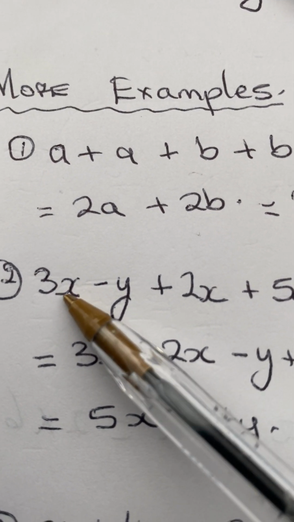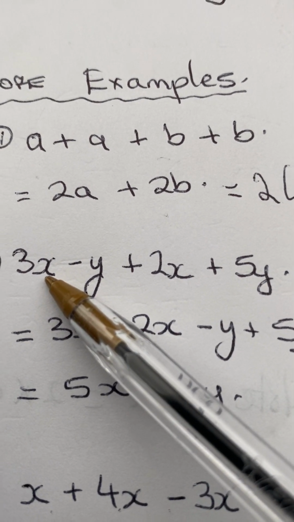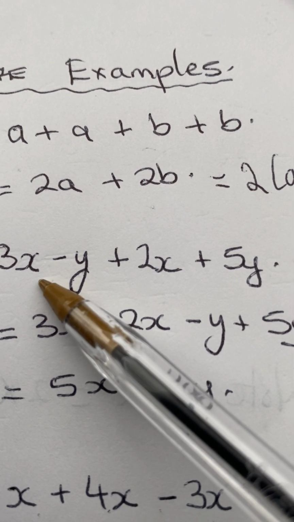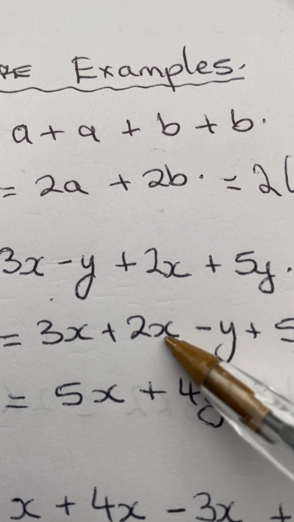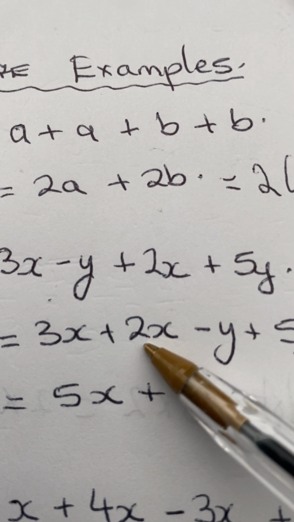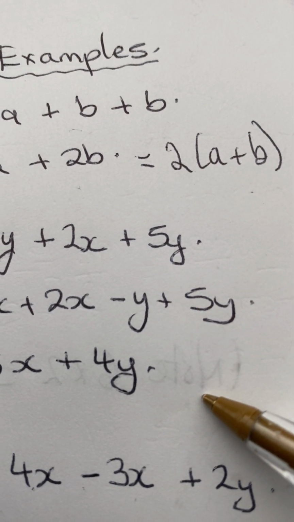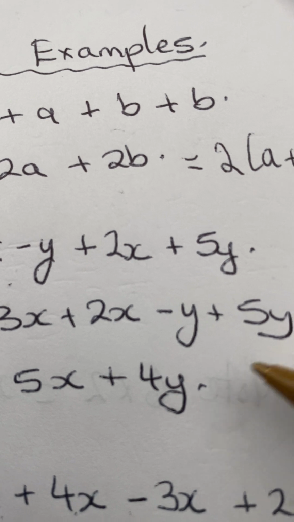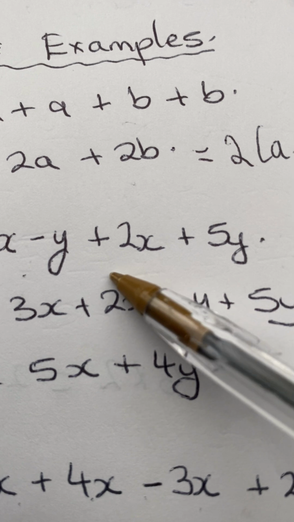Here the variables are x's and y's. So straight away we are going to put the x's and the y's together. So 3x add 2x, minus y add 5y. If you put the variables together, it is easier for you now to see what you want to do.